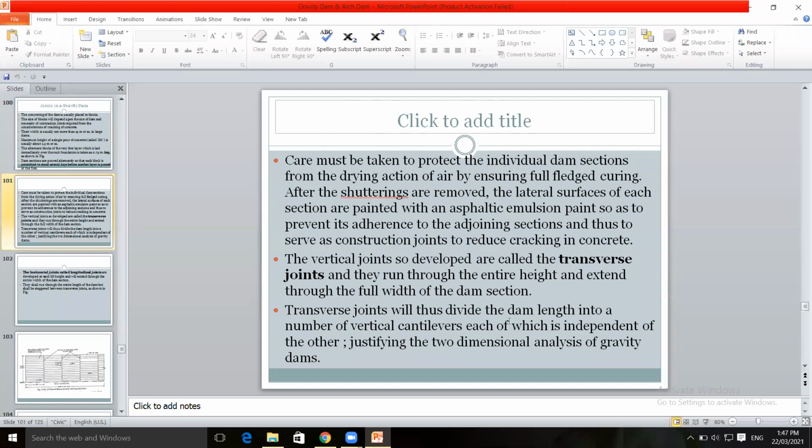We justify the two-dimensional analysis of the gravity dam by providing the transverse joints in the dam structure.